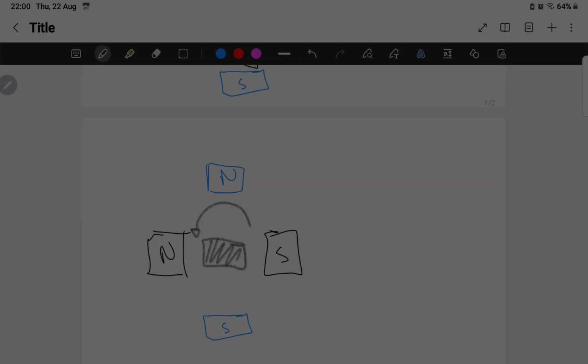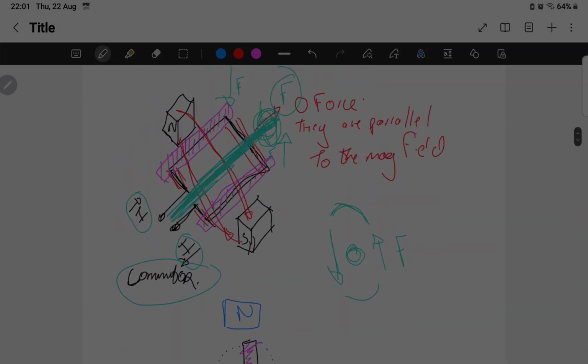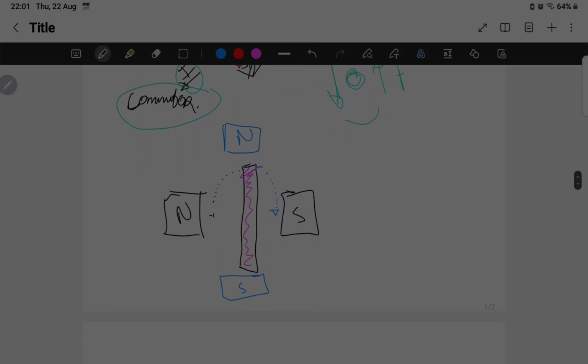Wait, let me just double check. Sorry guys, it rotated counterclockwise. So let me erase this here, erase that there. It rotated counterclockwise, right?